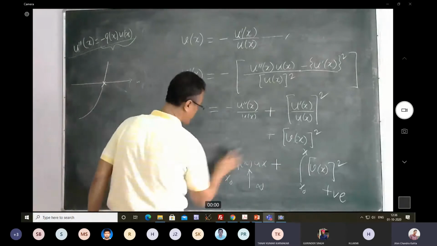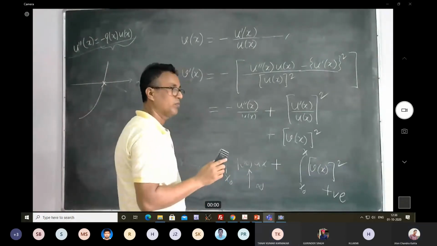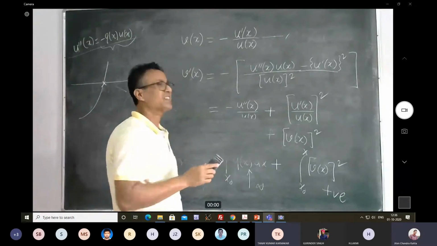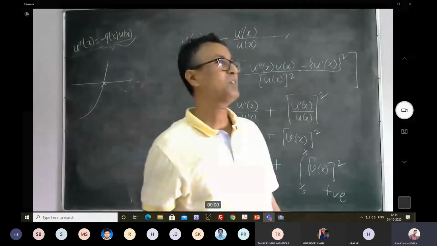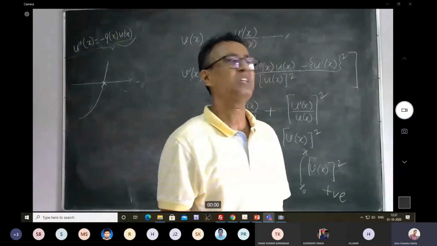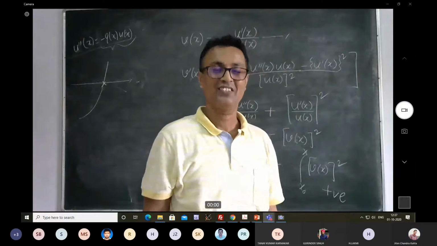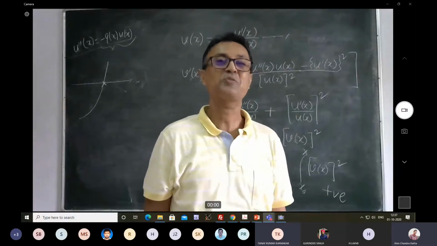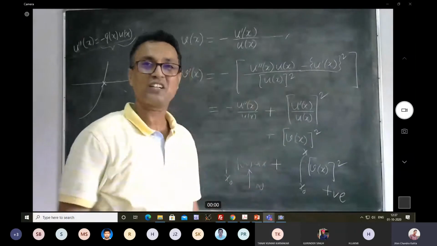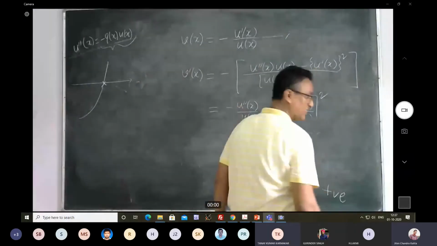Sir, what is the domain of u? Is it x greater than 0? Yes. Whenever we consider some interval, we always move from left to right. So we take it along the positive x-axis, not on the entire real line.